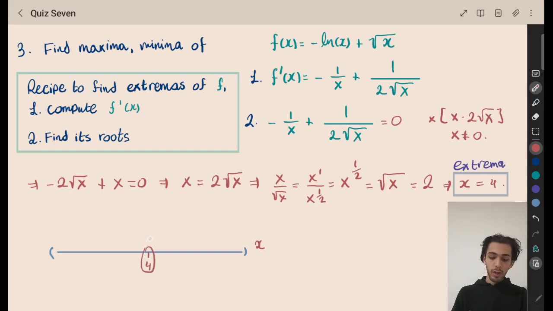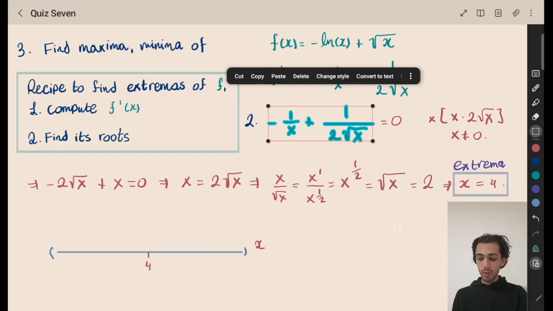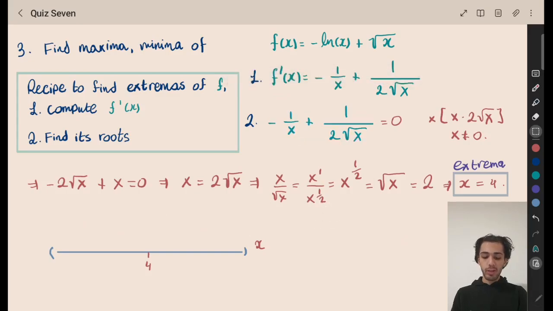Here, we know that f prime is equal to 0. So probably here it's either positive, negative, or negative, positive. We still need to find out. And this is not too difficult to find out. All we need to do is plug in a value which is less than 4.